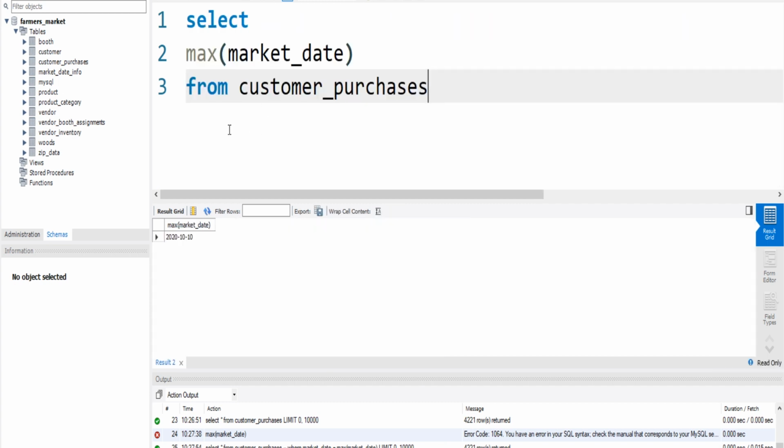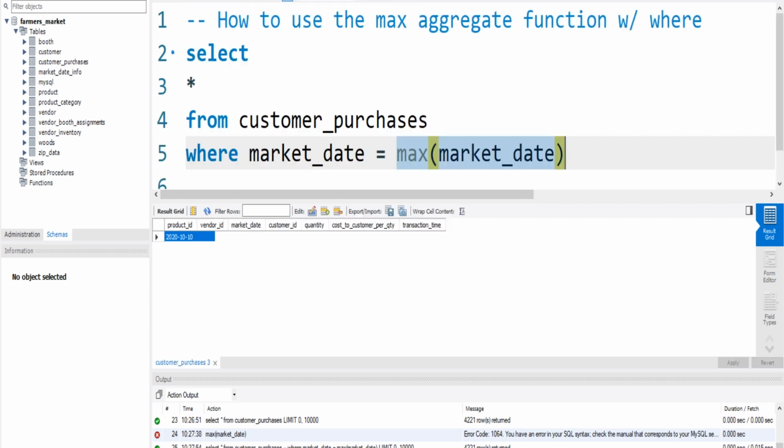What would get us this value? Select max market date from here. I'm going to give you a second to look at this. So this is your answer.